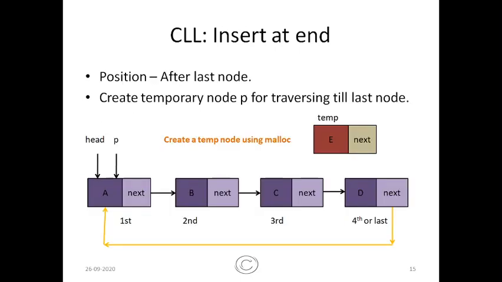Okay, this is another case where we have to insert a node after the last node. Here the last node is the D node, the fourth node. In a single linked list, you only have to adjust two links: the last node's next address will be the newly allocated temp node, and temp's next will be null.